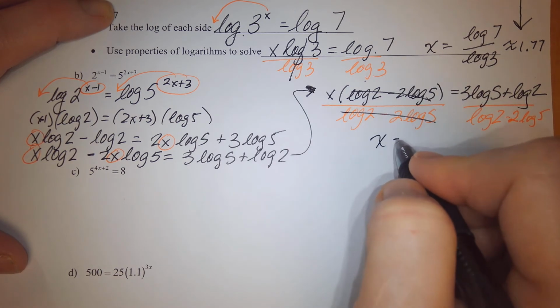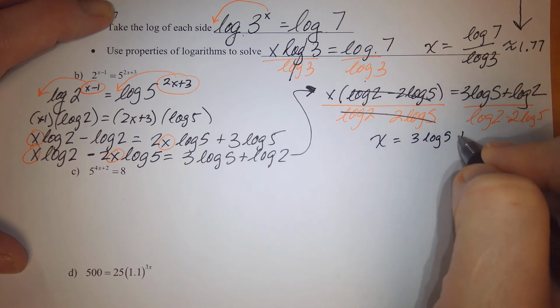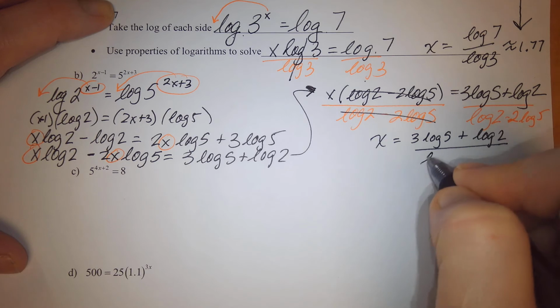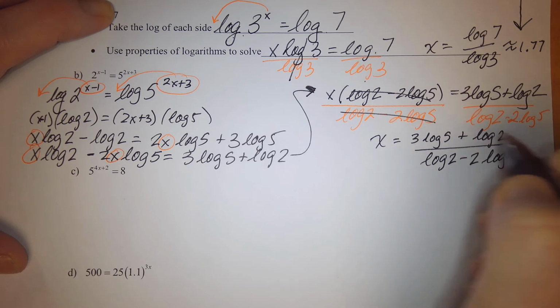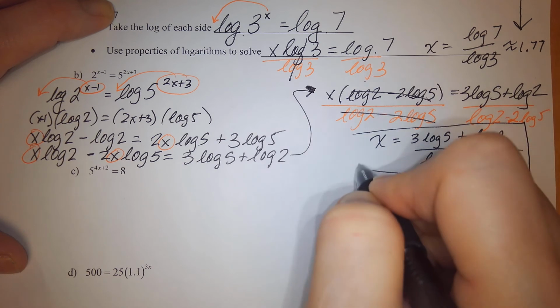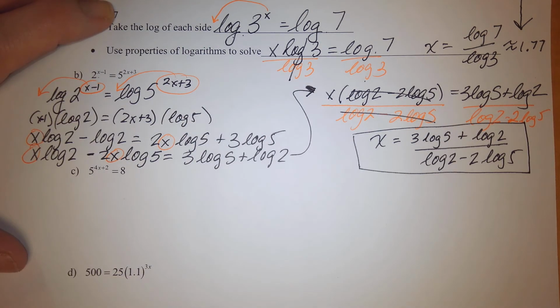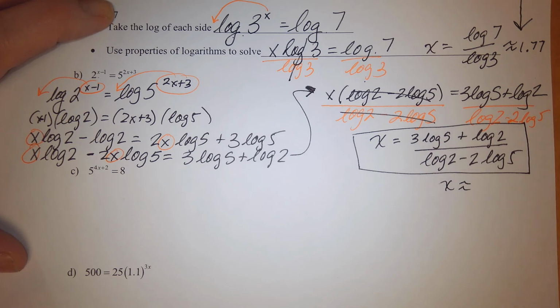So I have x equals (3 log 5 plus log 2) over (log 2 minus 2 log 5). This is the exact answer of x that will make this come true. Let's find the approximate answer by putting this into our calculator.